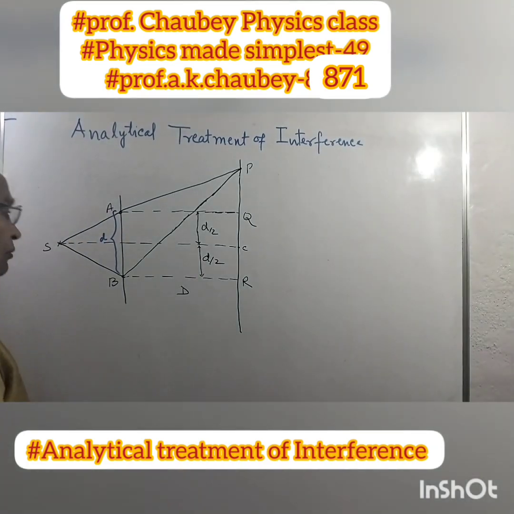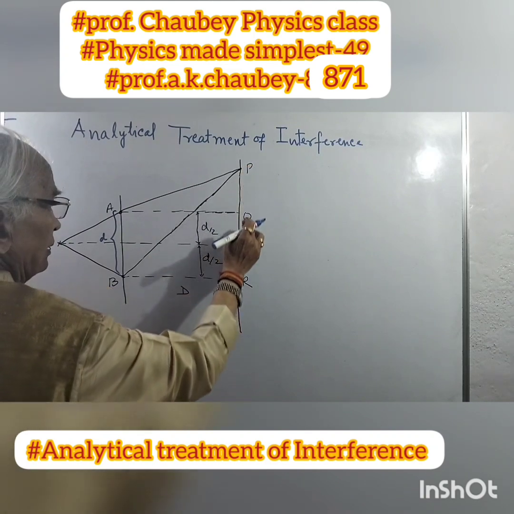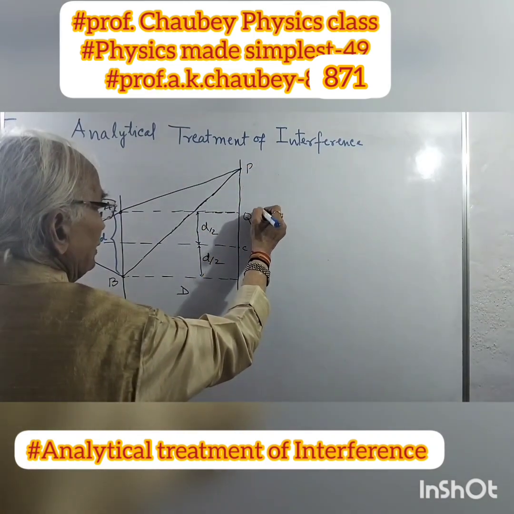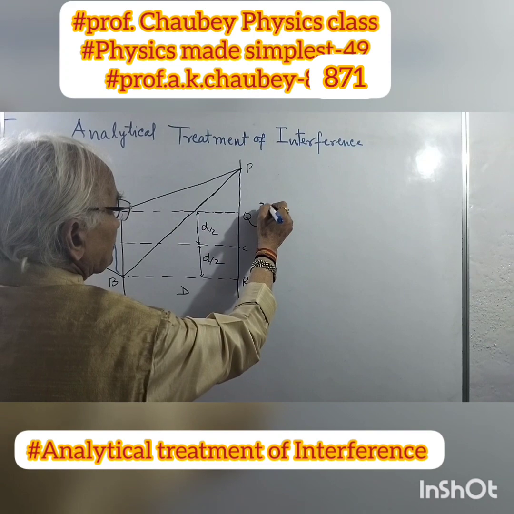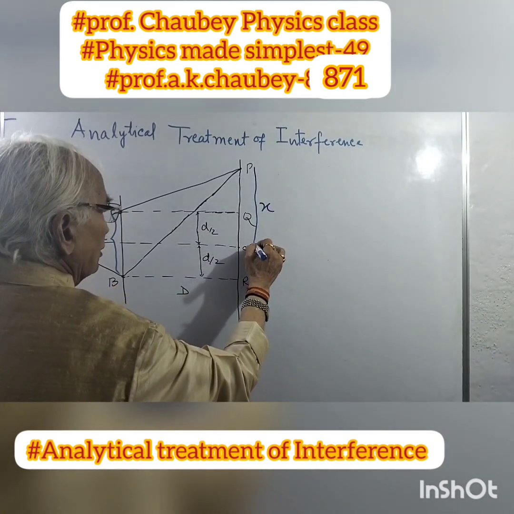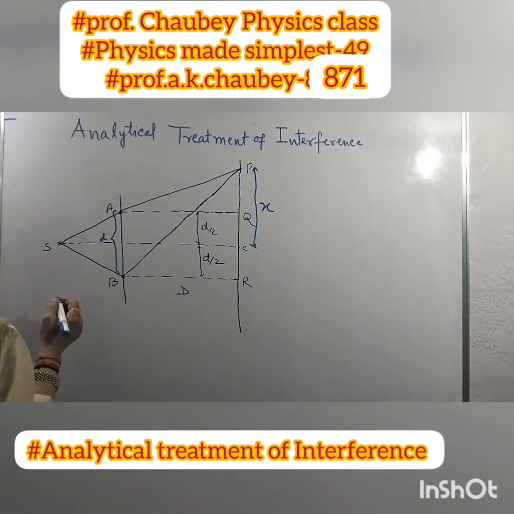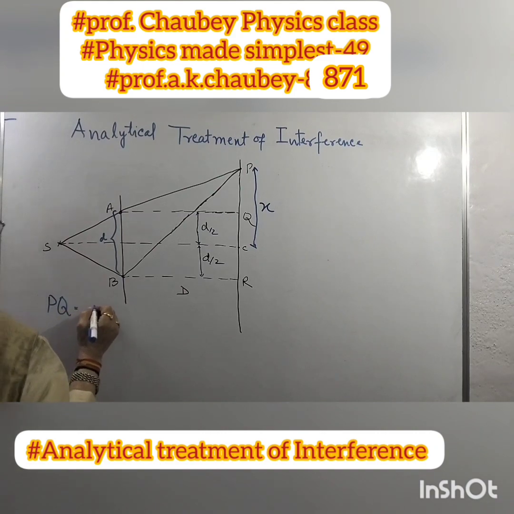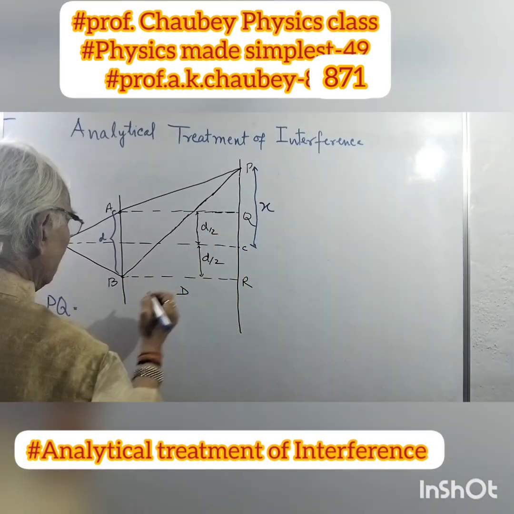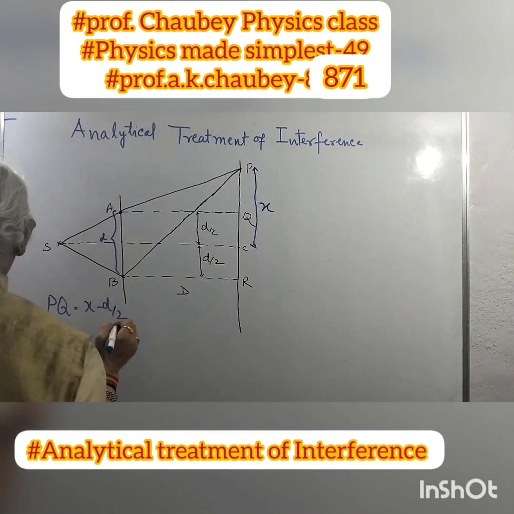Now you see, we will calculate what PQ is. Suppose CP is X. So the distance PQ will be equal to X minus d by 2.